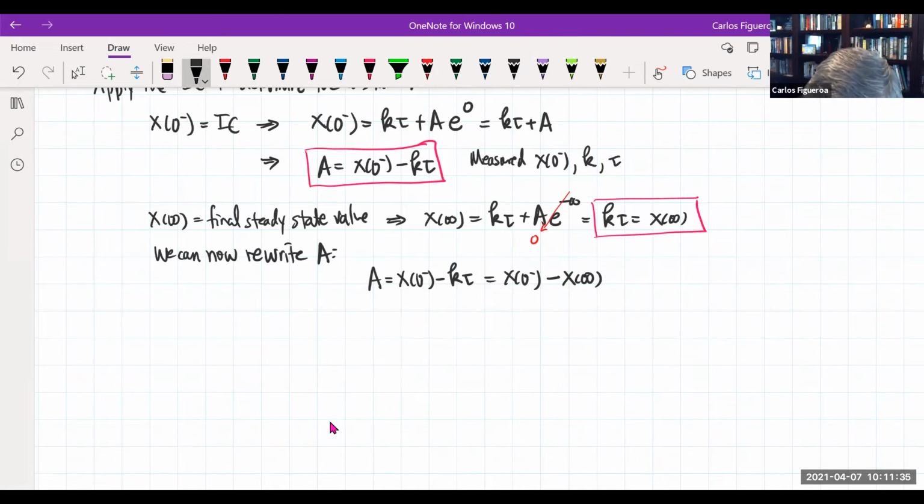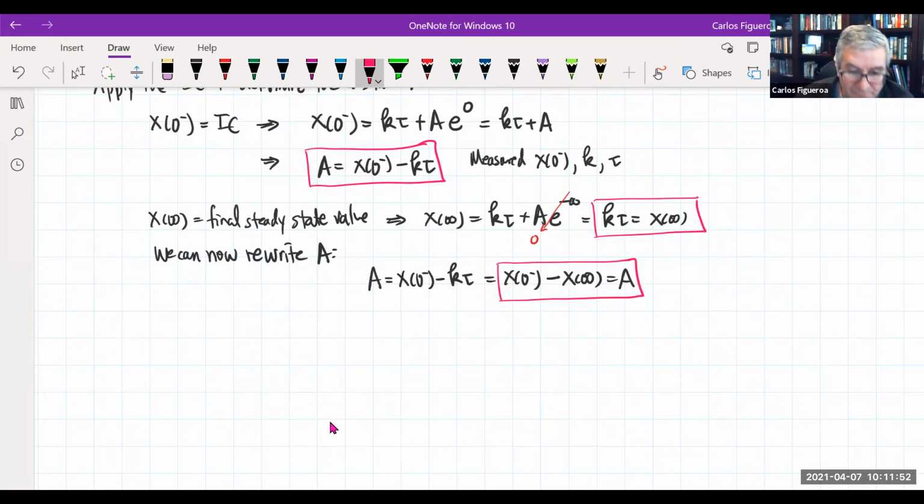That makes it extremely useful for us. So now I've defined my constant A, because I now know what k tau is in terms of x infinity.